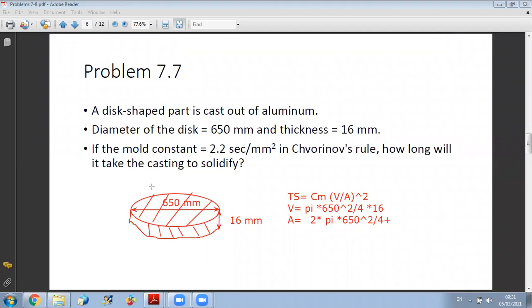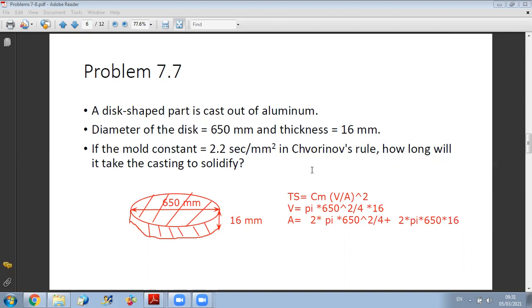We should take the perimeter of each circle times the thickness. So it's plus 2 times the perimeter of each part, which is pi d, so 2 pi times 650, times the thickness, which is 16. In this way we calculate the total lateral area, and then we divide V by A.